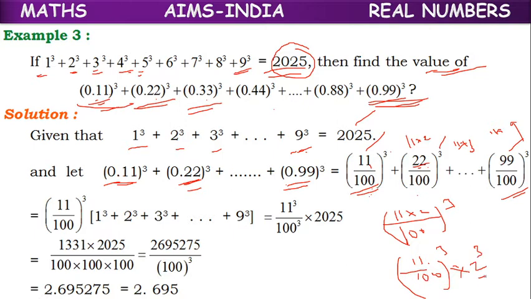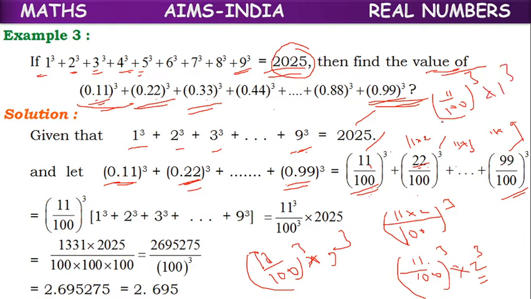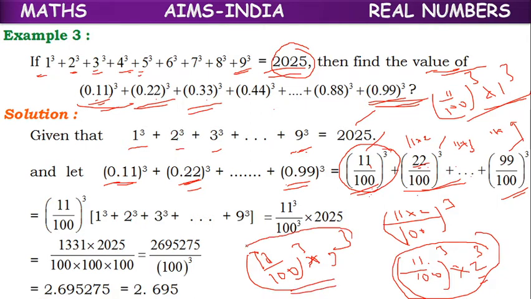Suppose if you have 33 cube, we can write 11 by 100 whole cube into 3 cube, and into 9 cube for the last. First one also we can write as 11 by 100 whole cube into 1 cube. So the terms are 11 by 100 whole cube into 1 cube, into 2 cube, into 3 cube, and the last one into 9 cube.